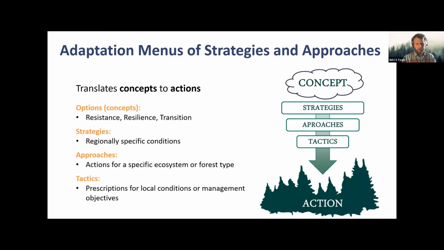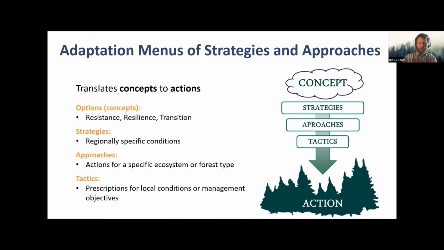So we've already been thinking a little bit about these adaptation options that were described in the lecture previously of resistance and resilience and transition, right? So these are different ways that we could be thinking about how to be adapting our sites to climate impacts or to reduce the risks from climate impacts.